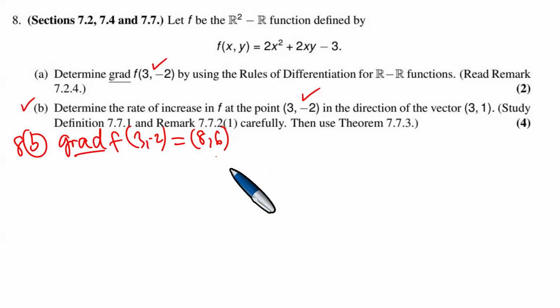There's something we call the unit vector. We want to determine the rate of increase of f at the point 3 and minus 2, which is the same one, in the direction of the vector 3, 1.